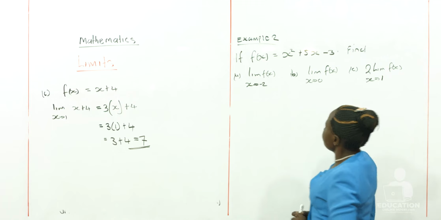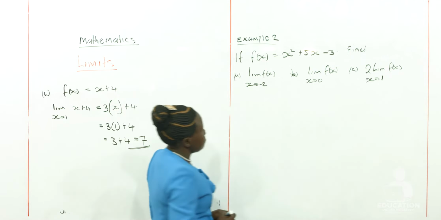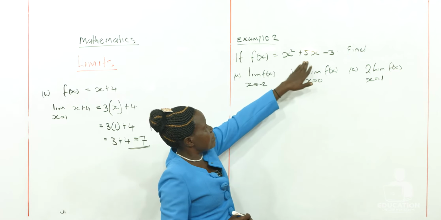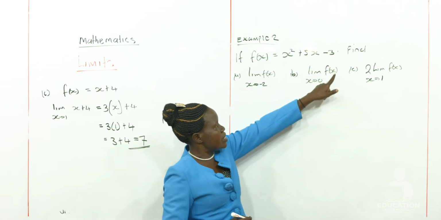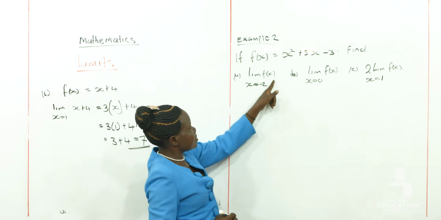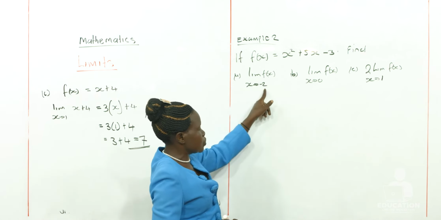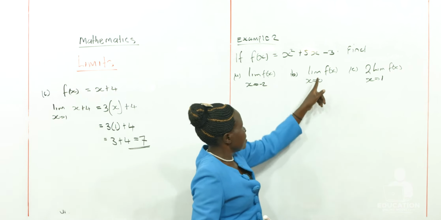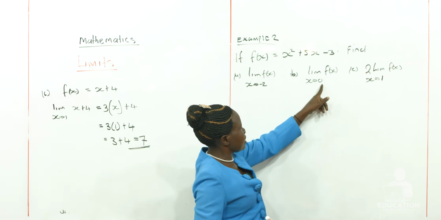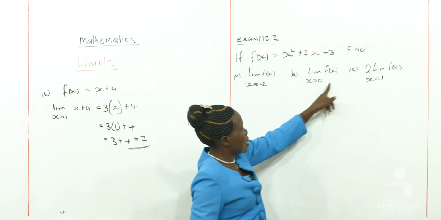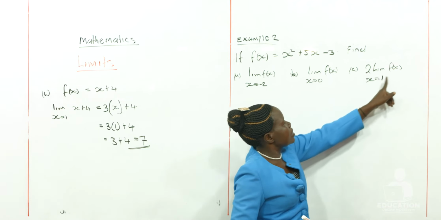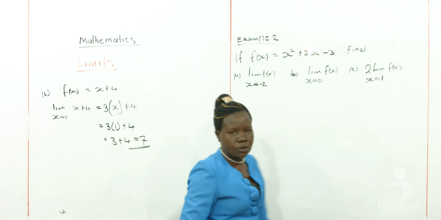So, when you look at example 2, they have said if f(x) equals x squared plus 5x minus 3, then find the limit of f(x) when x is approaching 2. Then B, limit of f(x) when x is approaching 0. And then C, 2 limit of f(x) when x is approaching 1.